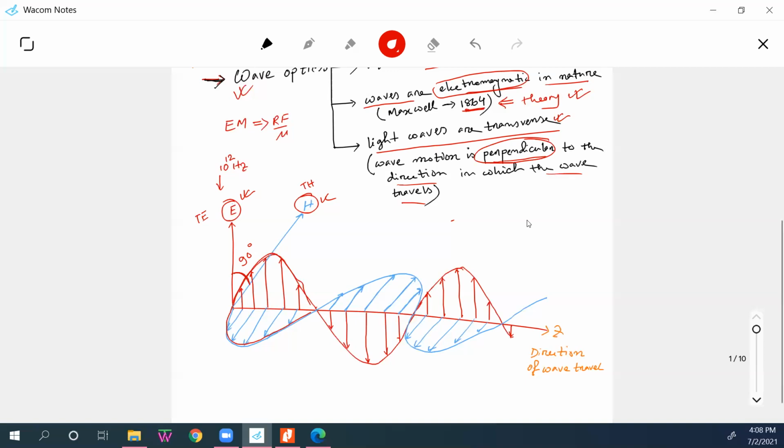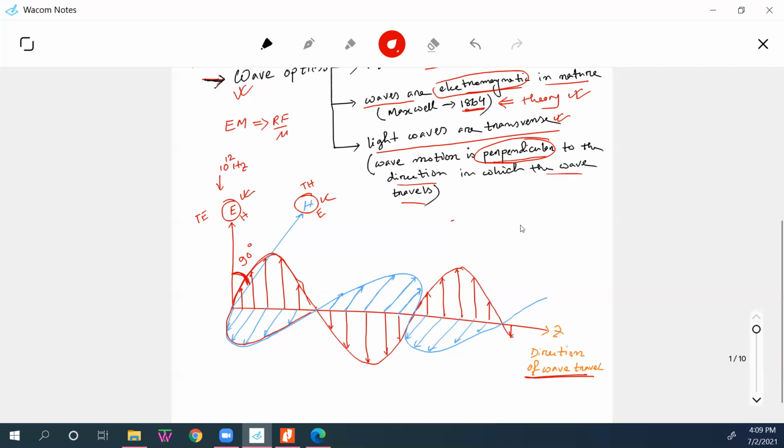Probably you see some other figure where this is magnetic, so the other will automatically be electrical. Whatever the directions, they are always 90 degrees apart from each other in free space or in the propagation space. Got it, guys?